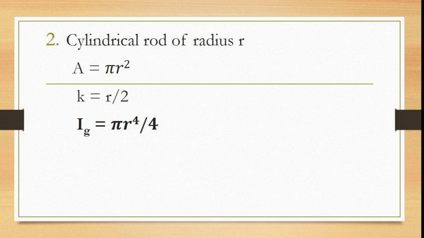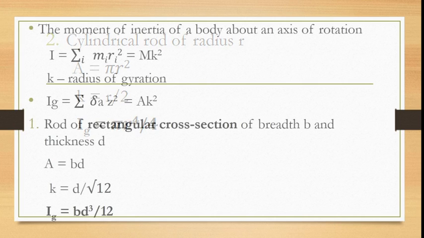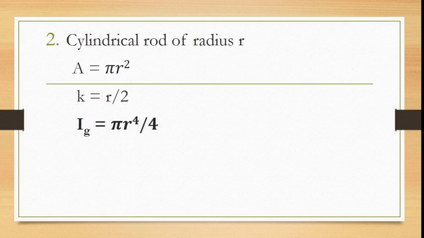Simplify and you will get pi r raised to 4 by 4. And you can again calculate the bending moment by yourself. Bending moment is equal to Y Ig by R, so that is Y into pi r raised to 4 by 4R. Do it by yourself for the rectangular cross section as well as for the cylindrical rod. Calculate the value of bending moment.